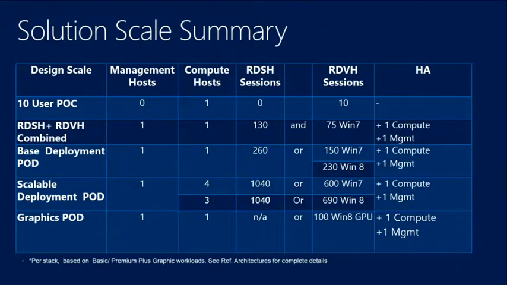And you go to a very scalable base deployment pod with 2 servers, up to 260 sessions if you're doing shared sessions, or 150 Windows 7 virtual machines, or 230 Windows 8 virtual desktops. And I would say this is a very interesting result, because licensing is another topic. We could spend another morning just talking about licensing in these scenarios, and that's important to know as well.